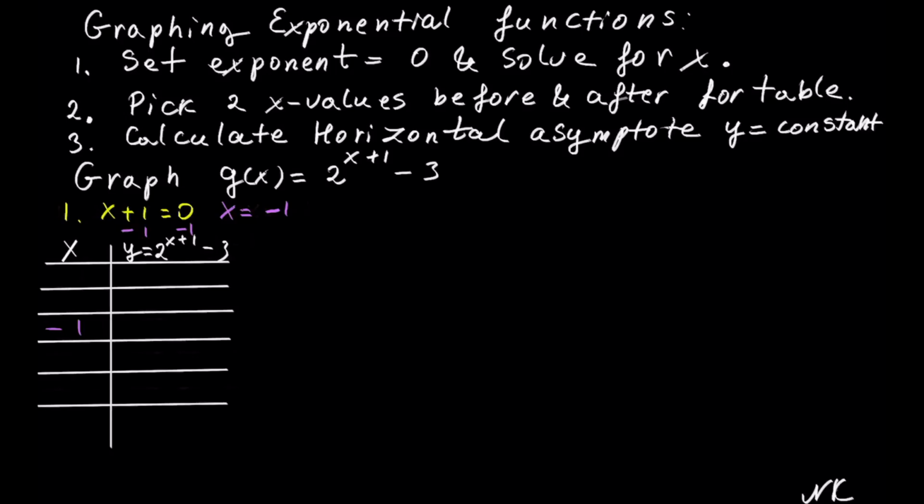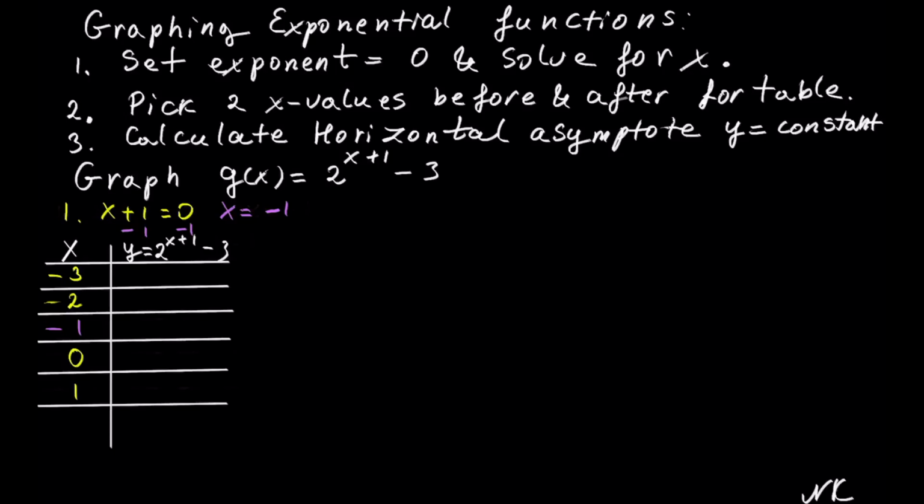Two consecutive numbers before -1 are -2 and -3, and two consecutive x values after -1 are 0 and 1. So here we have 5 consecutive numbers for x values with the value that makes the exponent equal to 0 in the middle.